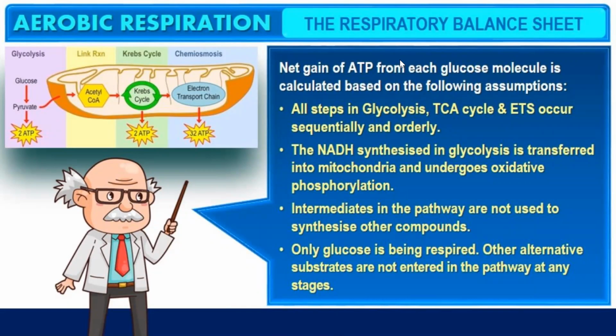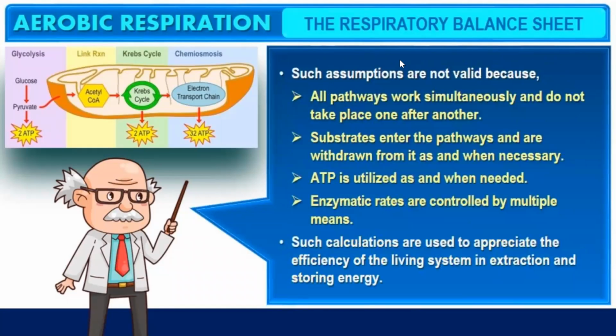The NADH synthesized in glycolysis is transferred into mitochondria and will undergo oxidative phosphorylation. The third assumption is that intermediates in the pathway are not used to synthesize other compounds. And the fourth one is that only glucose is being respired. Other alternative substrates do not enter the pathway at any stage.